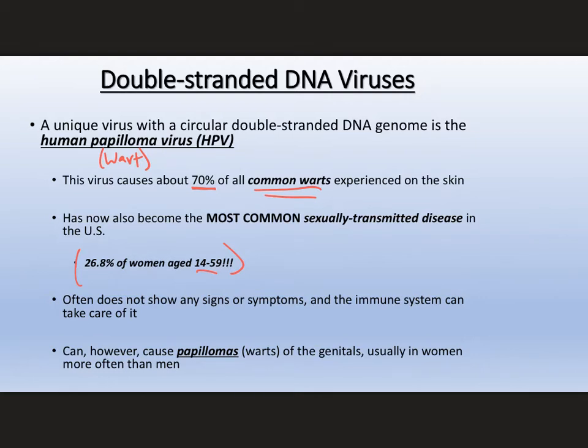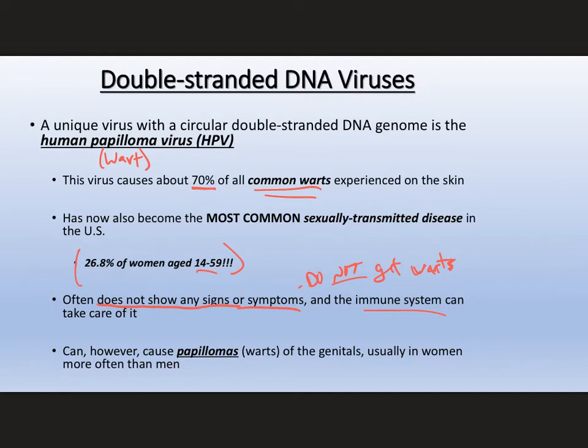Now here's the interesting thing too. As a sexually transmitted disease, HPV usually does not show any signs or symptoms, right? Your immune system can handle it, so to speak. And so most people do not get warts from this. Sometimes we do see them, particularly in someone who has a compromised immune system for one reason or another, but usually you're not going to ever see symptoms.